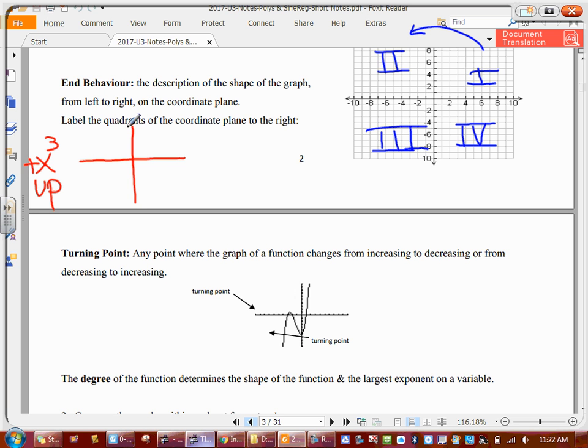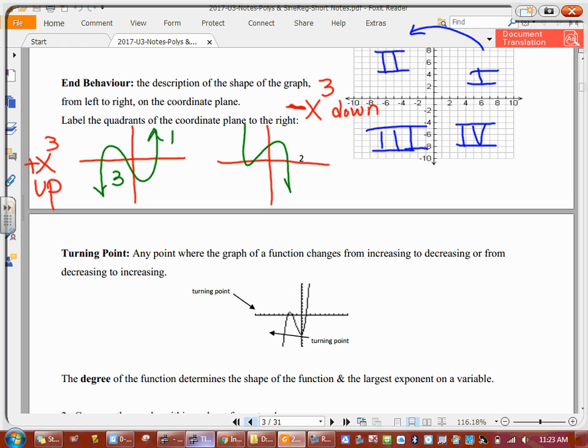If x cubed is negative, it's going to go down. And if that's the case, you're now going to be going from 2 to 4. So it's different where they start and where they end, depending on whether they go up or down. Okay?